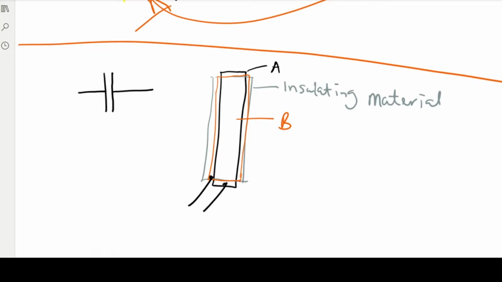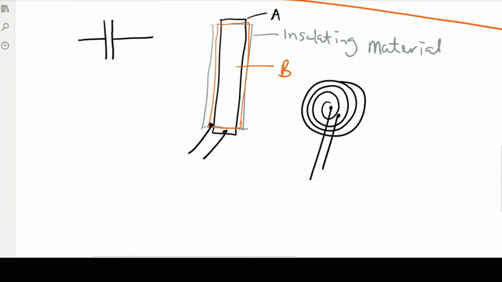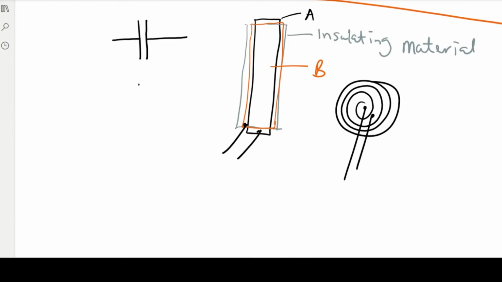So you can roll it up. Then just have the terminals coming out from there. Then you have your capacitor. Okay. Right. So that's your capacitor. So this is the basic one. This is non-polarized. You have the polarized capacitor.